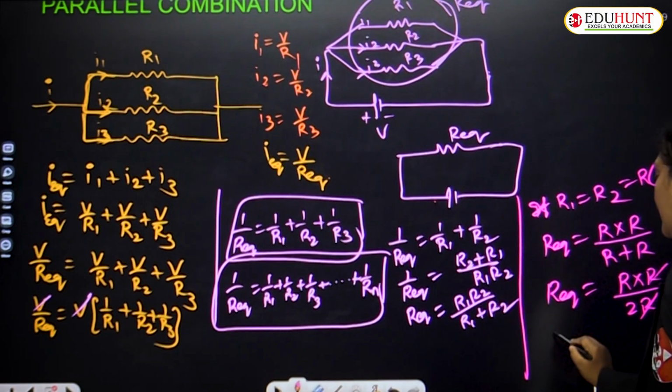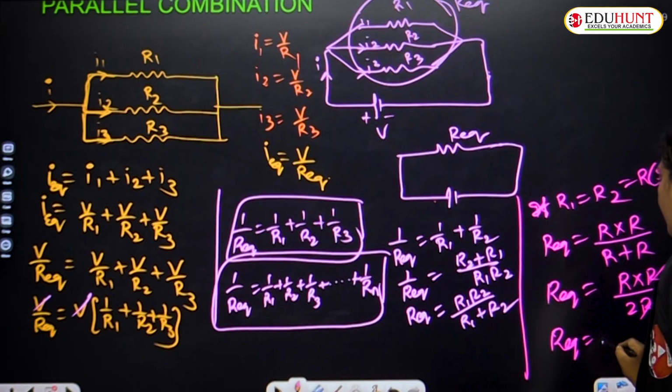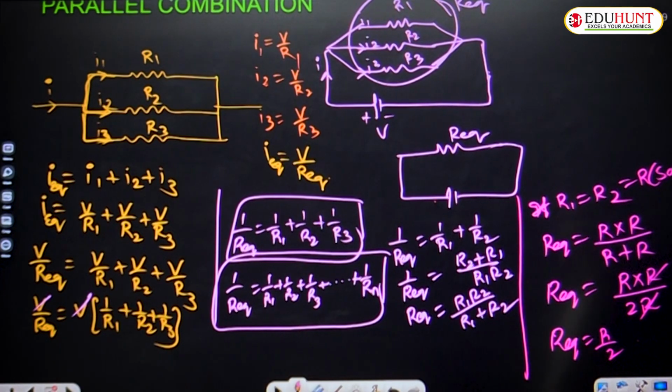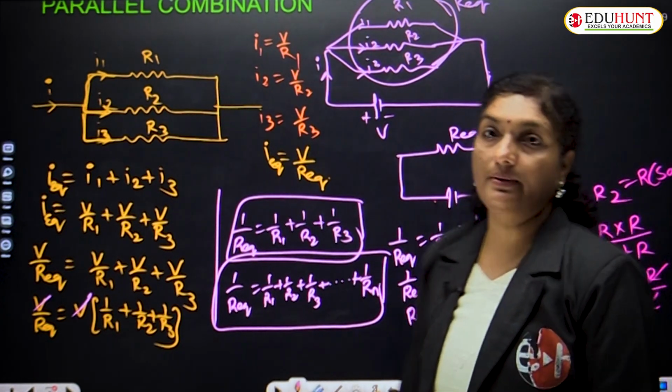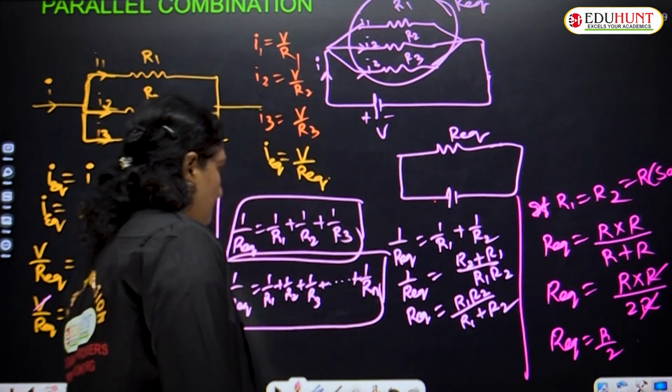One R gets cancelled. Then R equivalent will be half of the previous value, R by 2. Is that clear, my children?